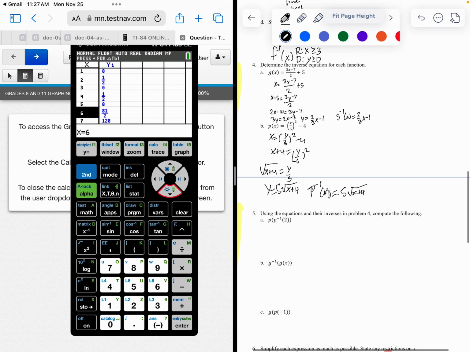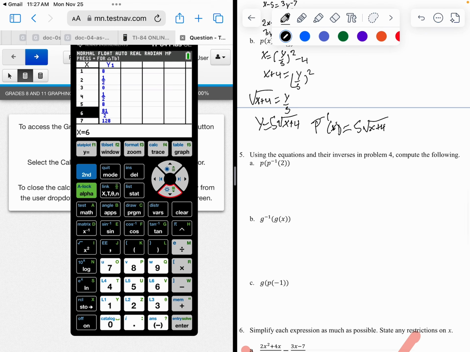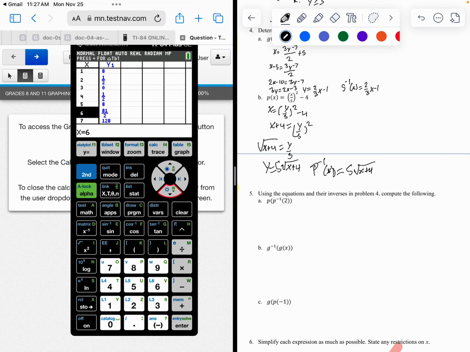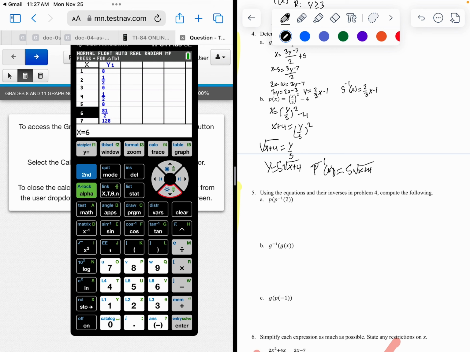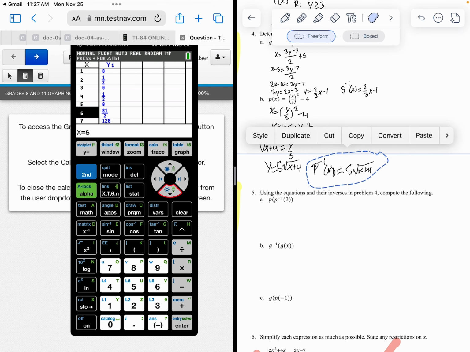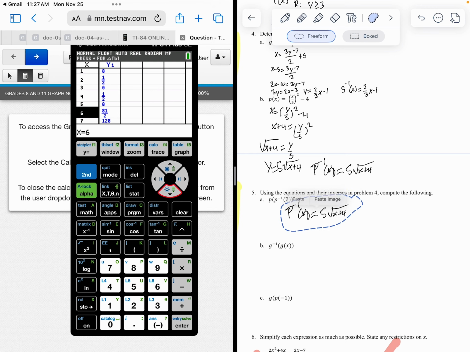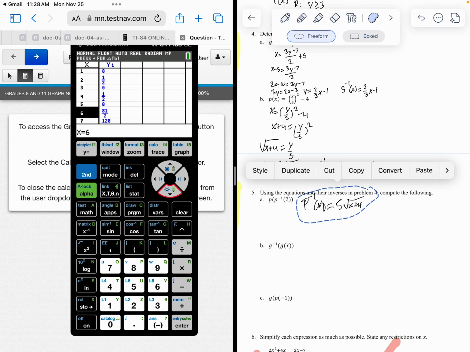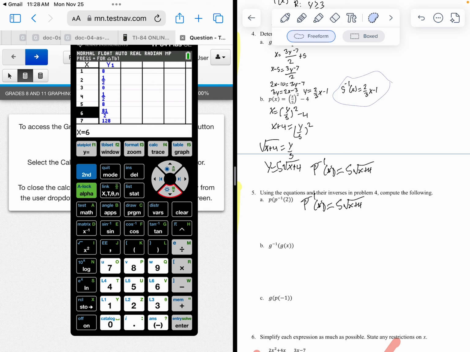Alright, now that we have the inverses, sorry, I was a little quiet there. We're going to compute the following. So we'll just copy and paste the inverses down real quick.